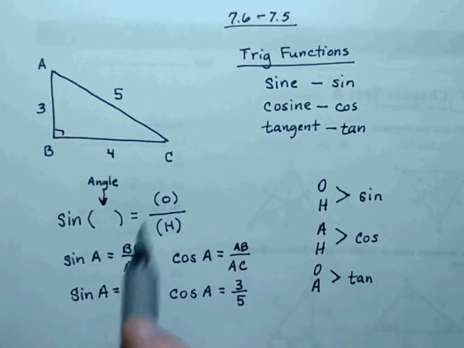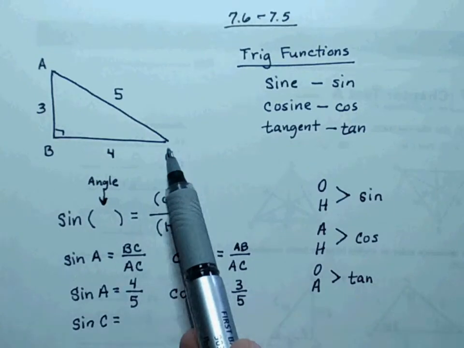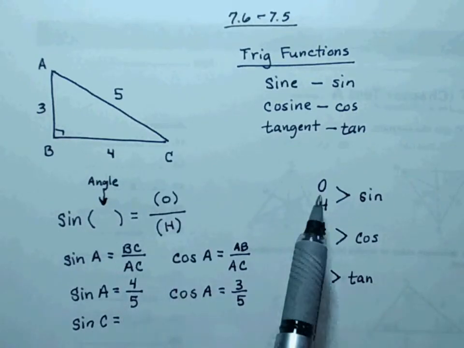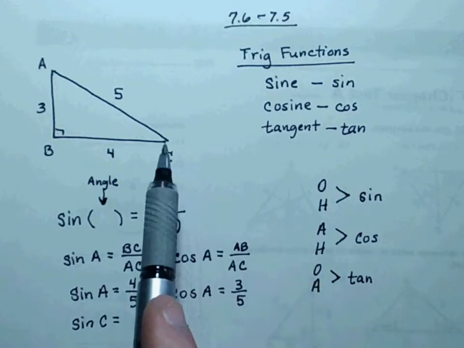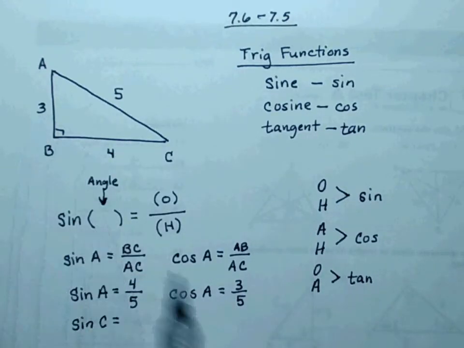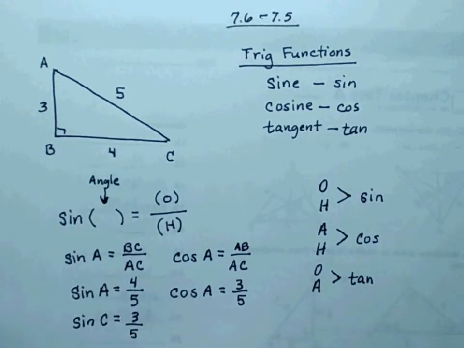If I was to take the sine of angle C, I have to look. Sine is opposite over hypotenuse. So looking at angle C, the opposite side is 3 over the hypotenuse, which is 5.